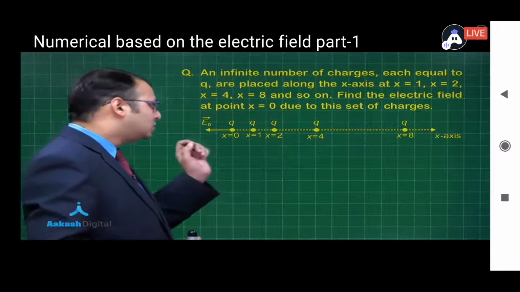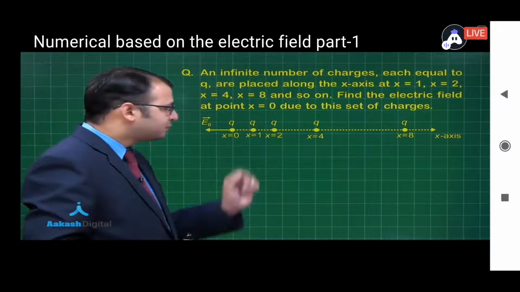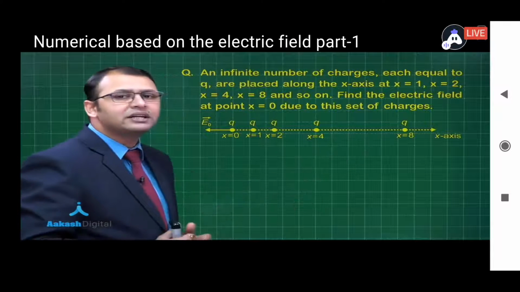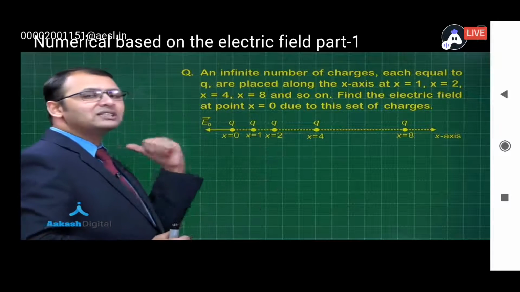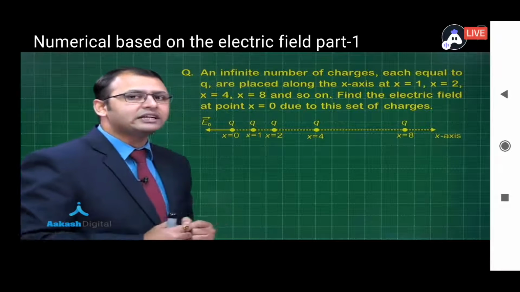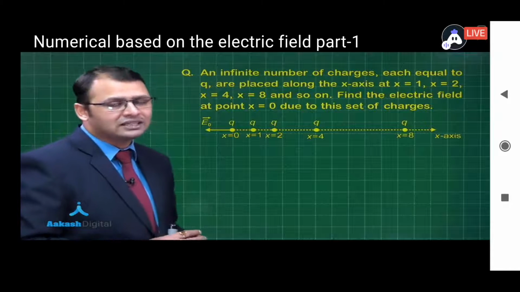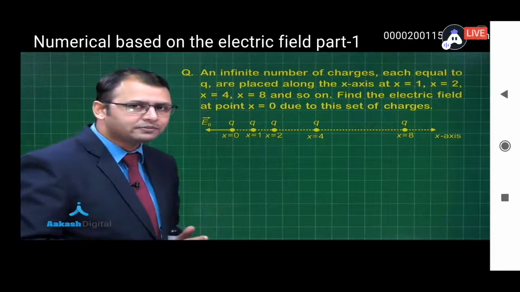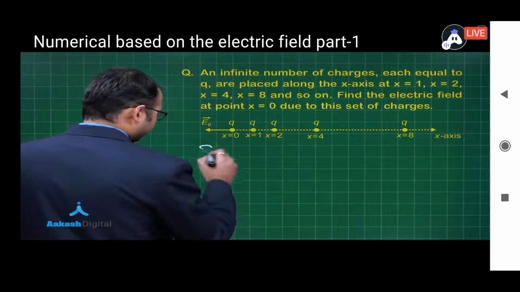Since they all are similar in nature, all of these charges will apply force towards negative x-axis. So one thing is certain, that the net electric field will be towards the negative x-axis, or minus i cap.